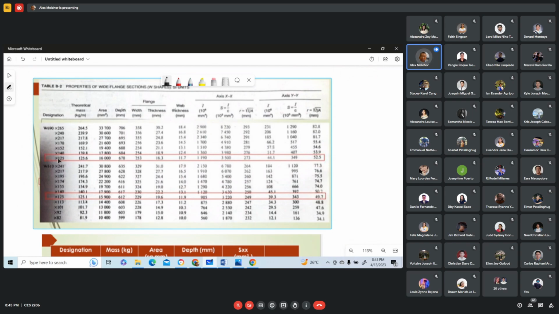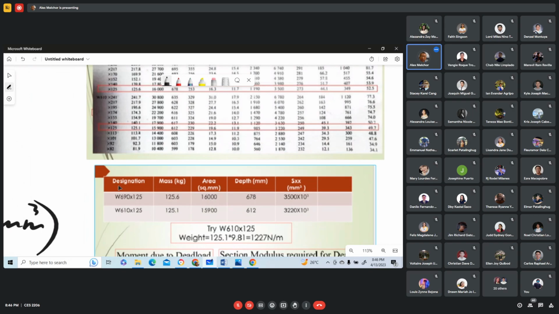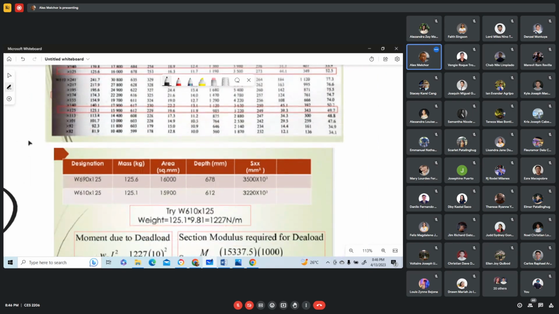But here we have the same mass per unit length. Now, since we select the economic section, then we choose this 610, the depth of 610 by 125. Okay, so we have now this. Try 610 by 125.